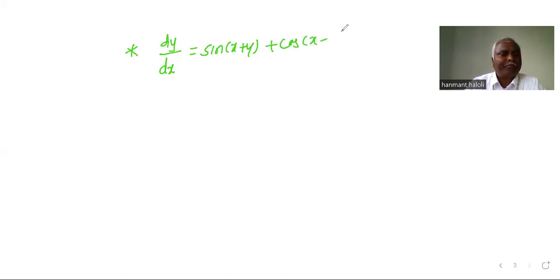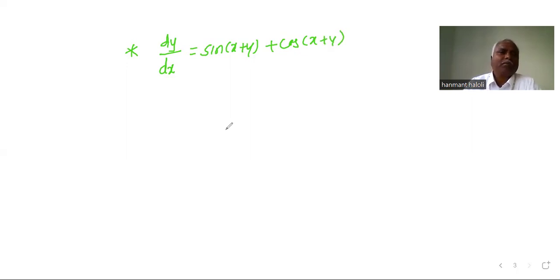Now sometimes the given equation is not easily in separable form and we need to substitute such terms so that it becomes variable separable form. Suppose we take one example, dy by dx is equal to sin of x plus y plus cos of x plus y.